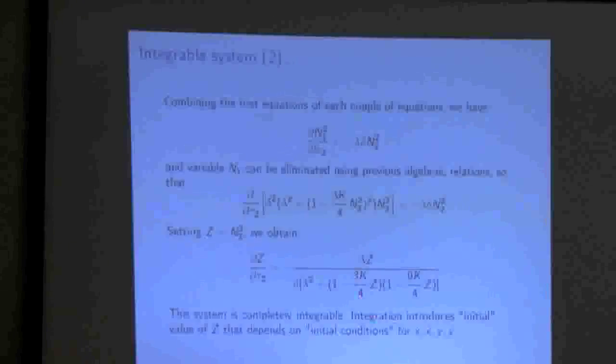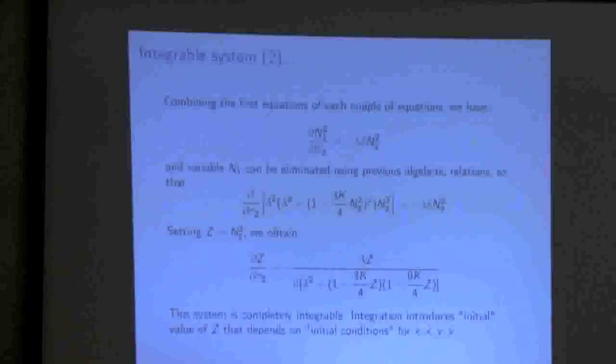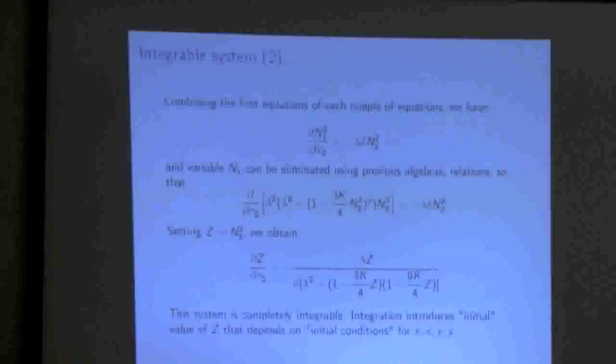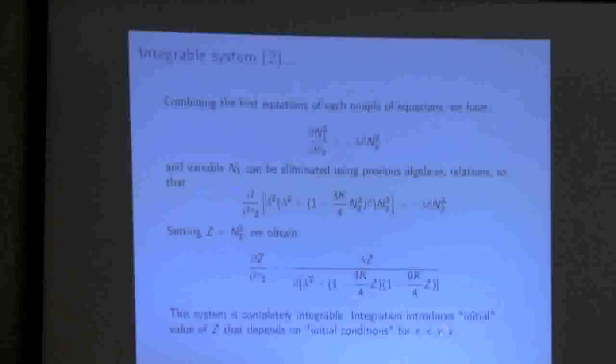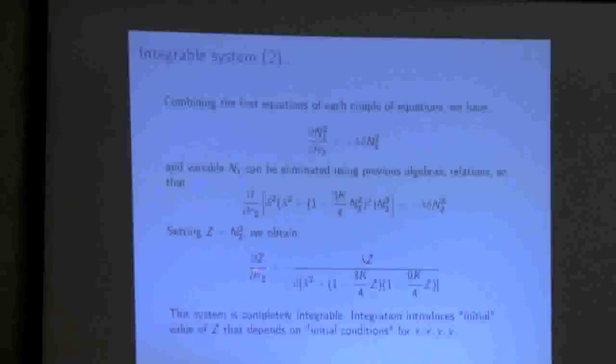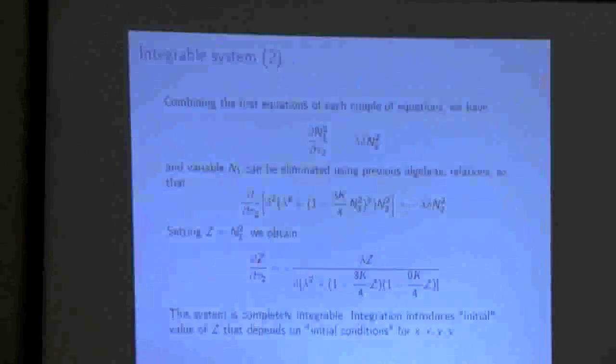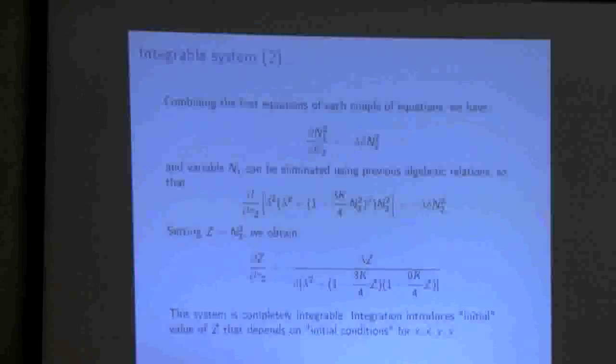But integration introduces the initial value of Z, and by the way, it depends on initial conditions for x dot, y dot. That could then give initial conditions for small v, small w, v dot, w dot, then capital V. So it is clear that we have a chain, and the initial conditions for the system can be related to the capital Z initial conditions.